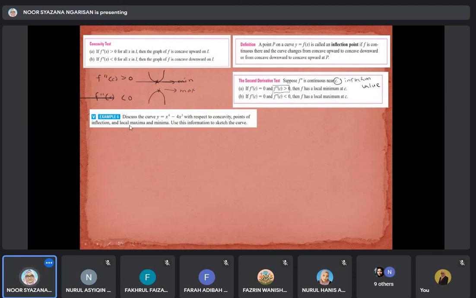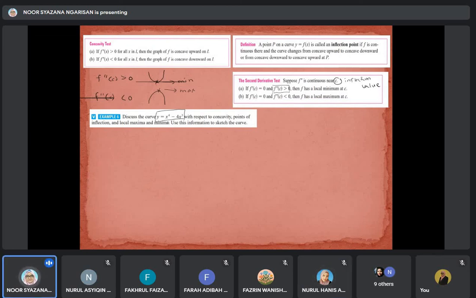Okay, example: discuss the curve y equals x power 4 minus 4x power 3. Look at this function. Is it polynomial? Yes. Why? Because the exponents are not negative integers.